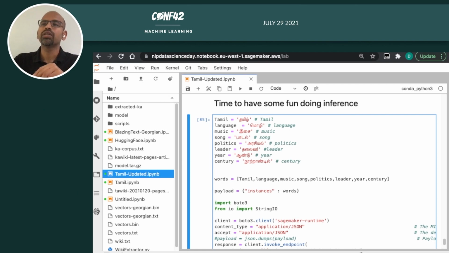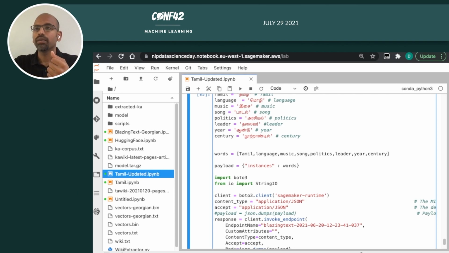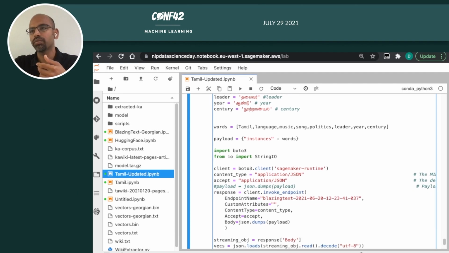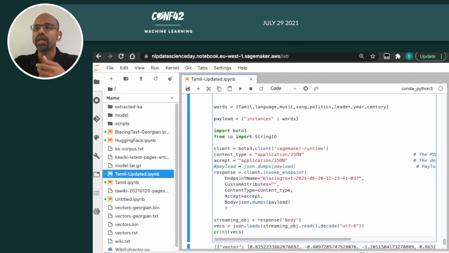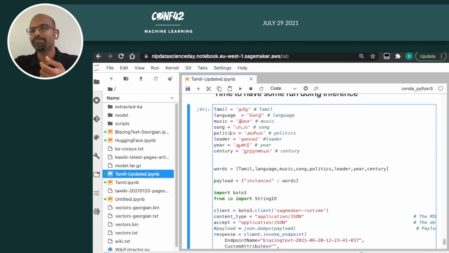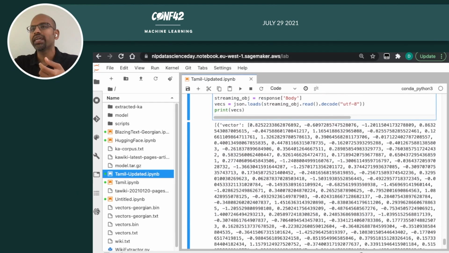We will see how the inference behaves based on the context that it has explored with the BlazingText algorithm that we used for our training purpose. So we are pointing it to the endpoint that we just created by doing the deployment. As I pass these words, it is creating a vector representation of these words.